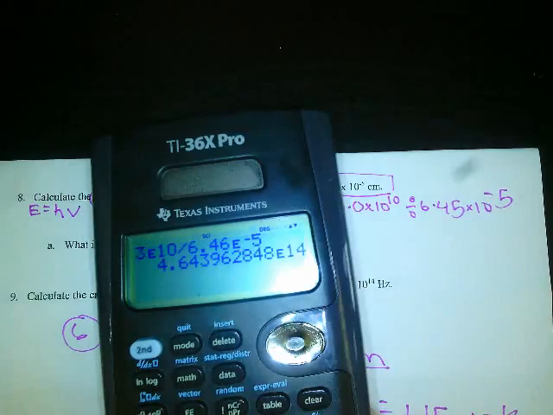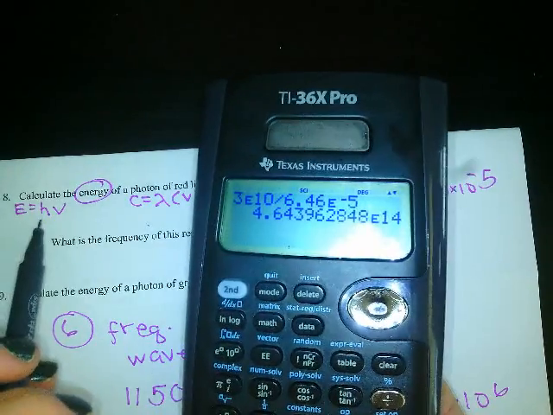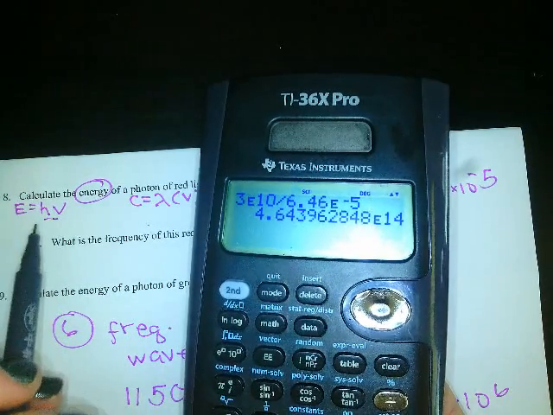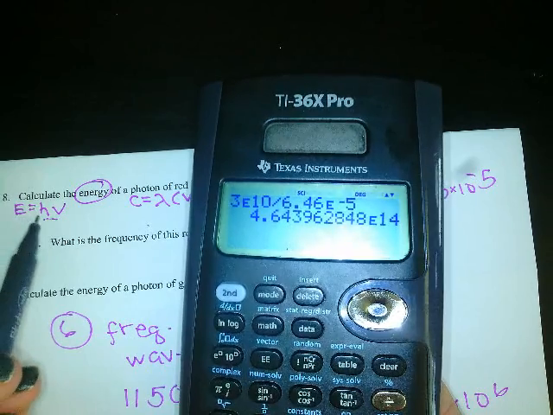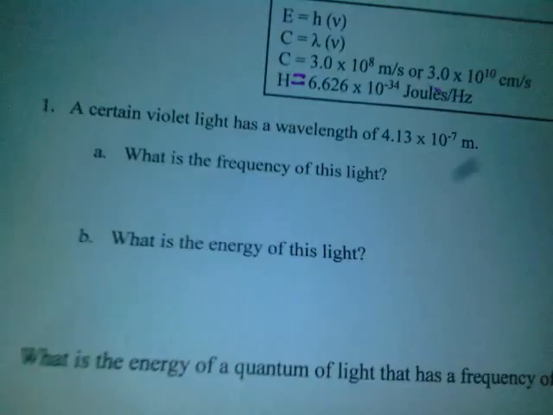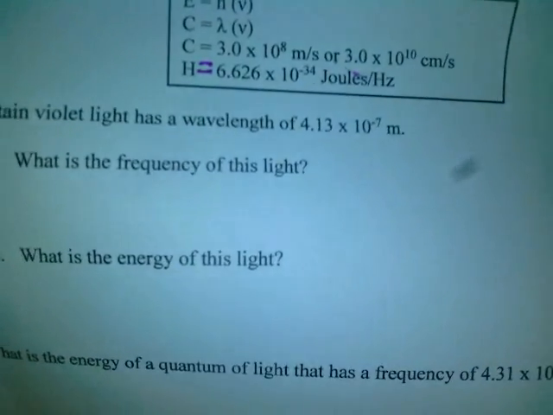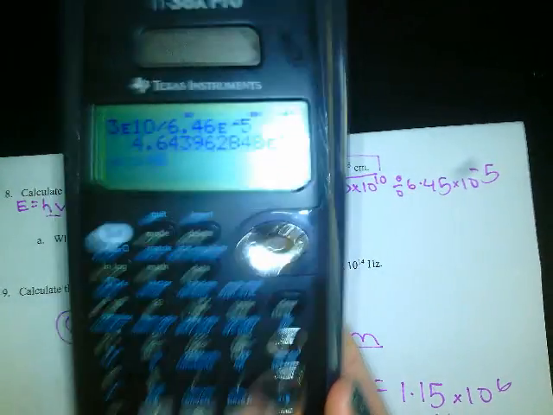And just like I showed on the previous problem, you actually don't need to stop and write that down, because you know you're just going to end up multiplying that by Planck's constant. I'm going to take this number, which is your nu, and multiply it by Planck's constant, which is, again, 6.626 times 10 to the negative 34. If you can keep all the digits in here, which you can pretty easily, it makes it more accurate.